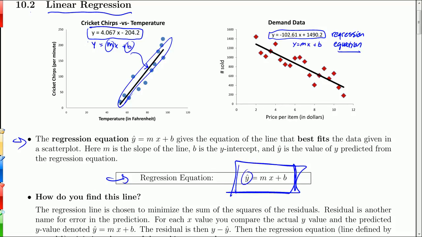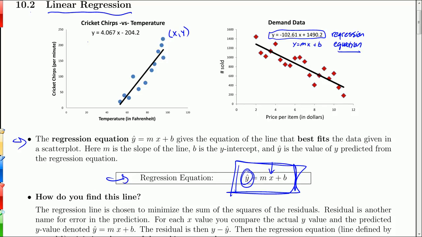The reason I use a hat over my y is that the data in this graph are called the x and y's, so y is already used up with the actual data values. The y hat represents the predicted value of y given a value of x.